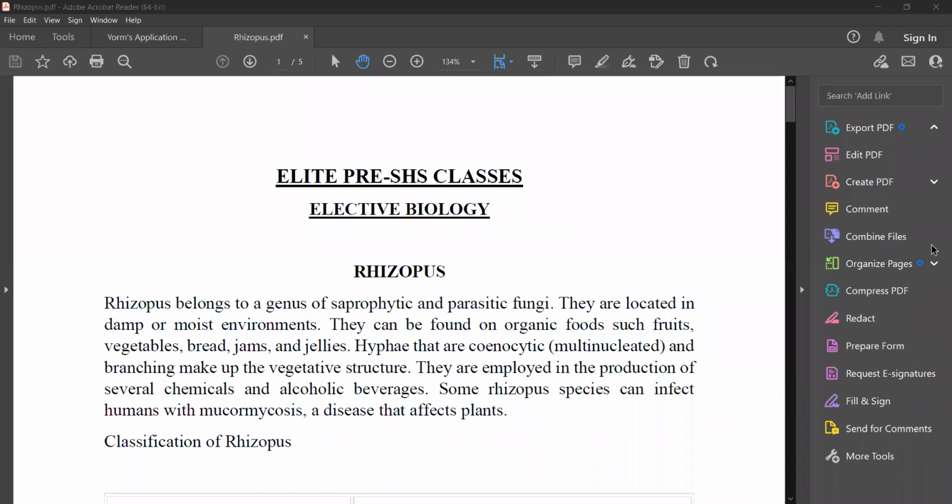Okay, so that fluffy substance is what we are going to be discussing today, and it's known as the Rhizopus, right? There are a lot of species of Rhizopus. You can have Rhizopus oryzae and other forms, but in general, we are going to be talking about the Rhizopus. What we need to know about the Rhizopus would be classification, reproduction, nutrition, and then economic importance. Those are the most important things.